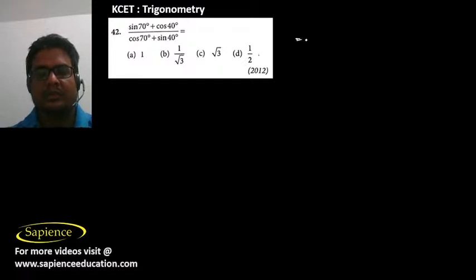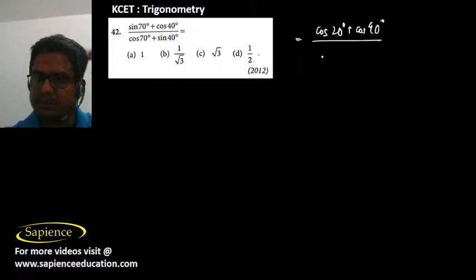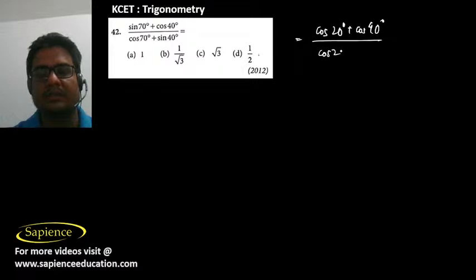Then it is told here that sin 70 plus cos 40, so that is sin 70, we can say it is cos 20 degree plus cos 40 degree, or we can say this is cos 70 degree plus sin 40 is cos 50 degree.